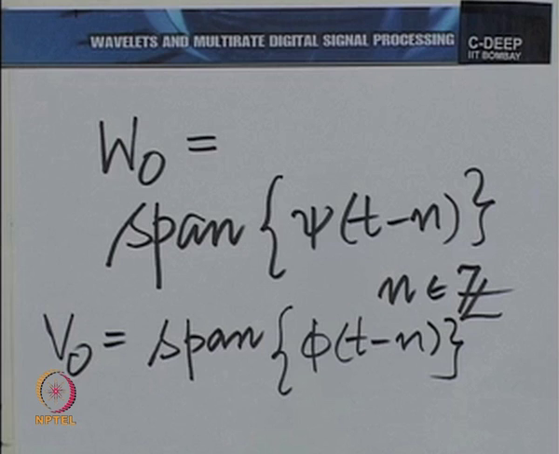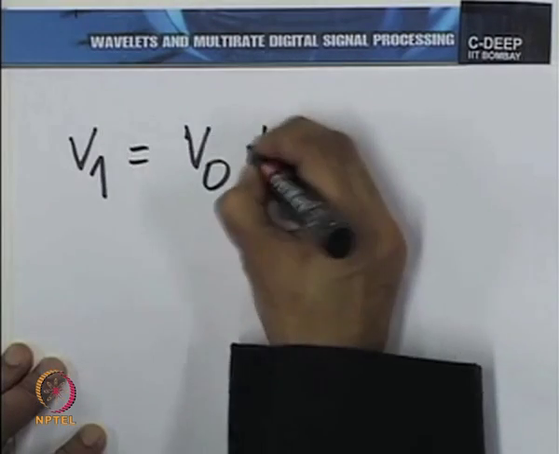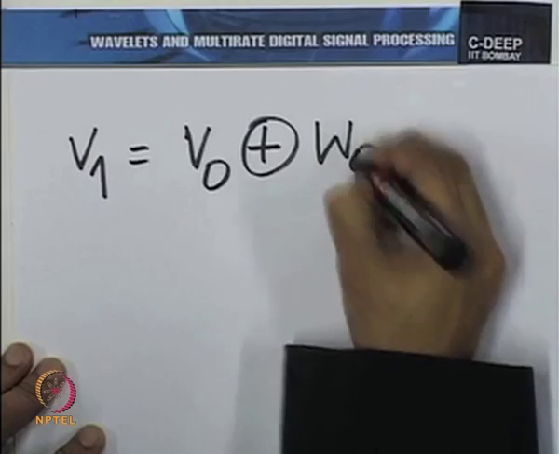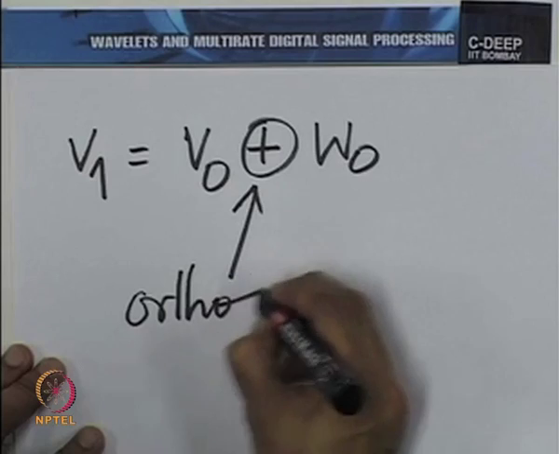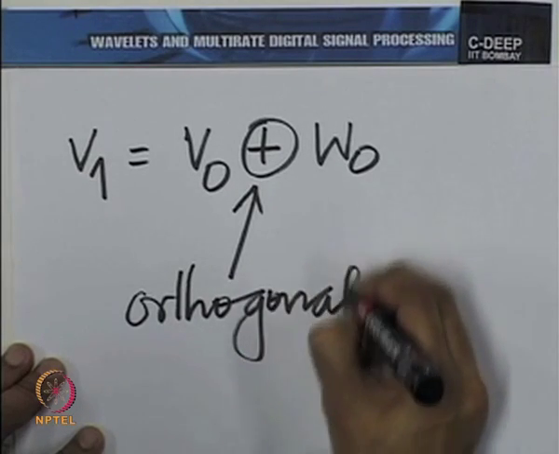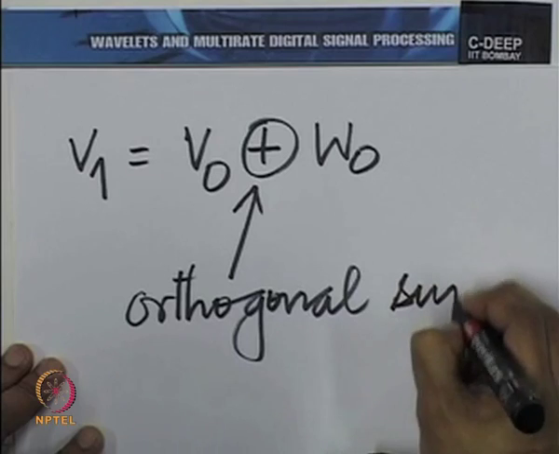And now we are going to introduce the notion of what is called an orthogonal complement. So, we are going to say, well, V 1 is the orthogonal sum. This represents orthogonal sum, and we are going to explain this in more detail.